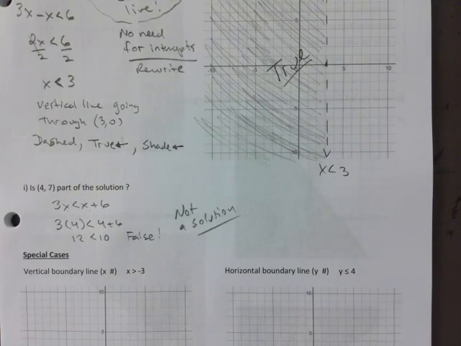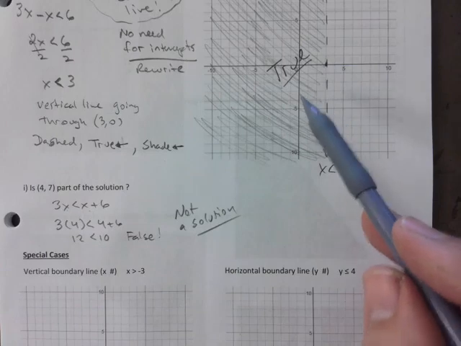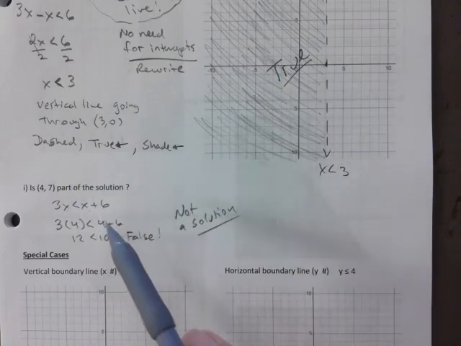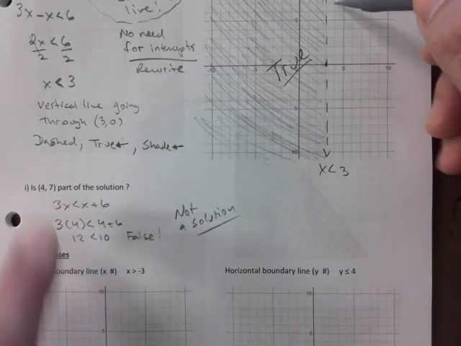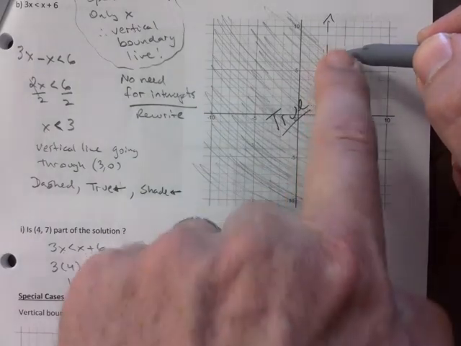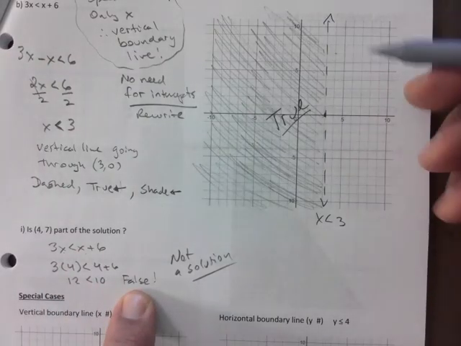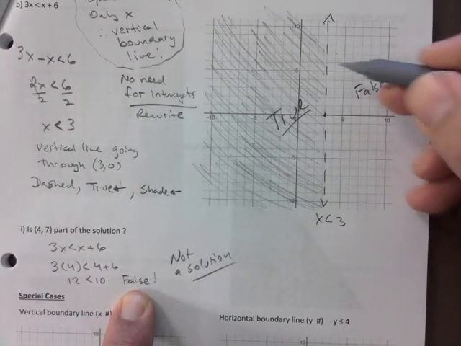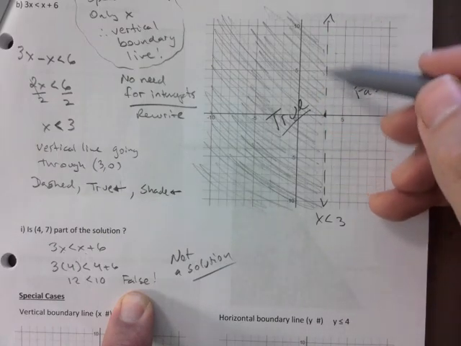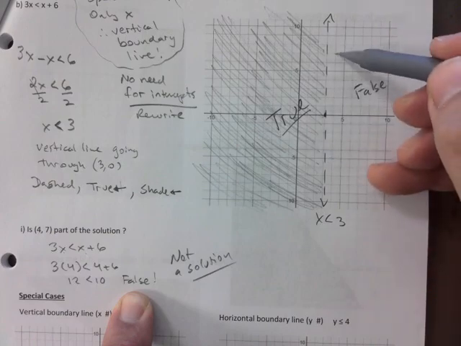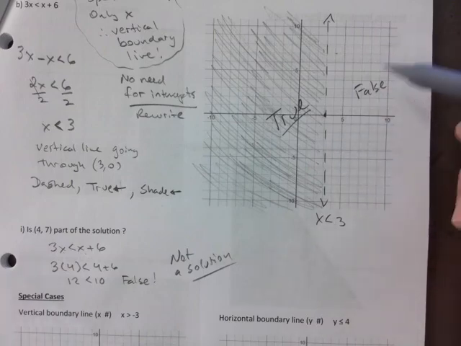In fact, you can pick any point you want on this grid, plug it in. Let's say randomly I picked (4, 7) right here. You plug that point into the inequality, and if you end up getting false, you know everything in that region is false, because the boundary line is what splits it.